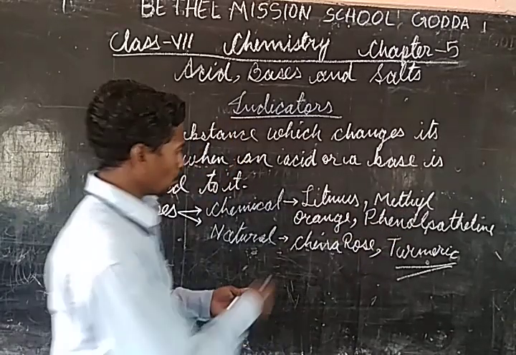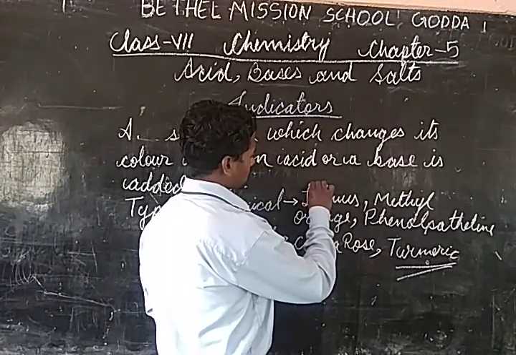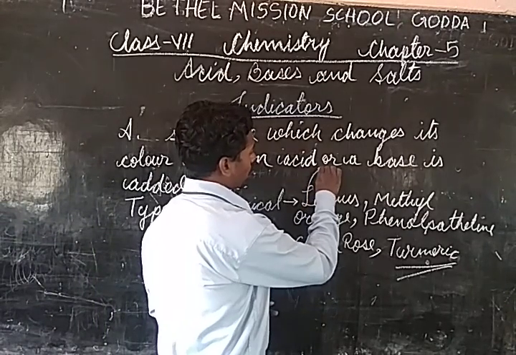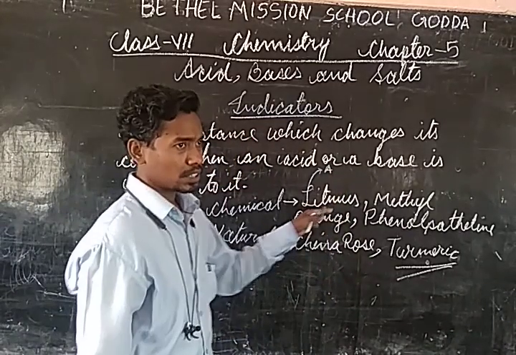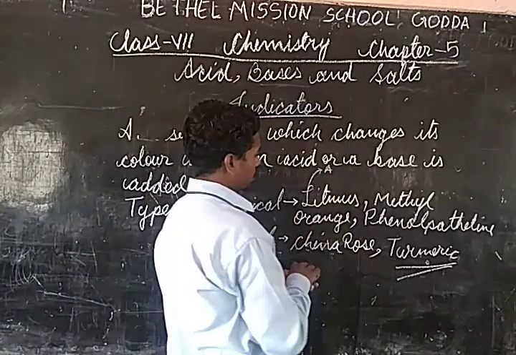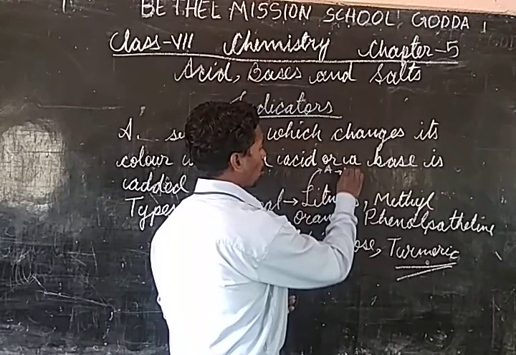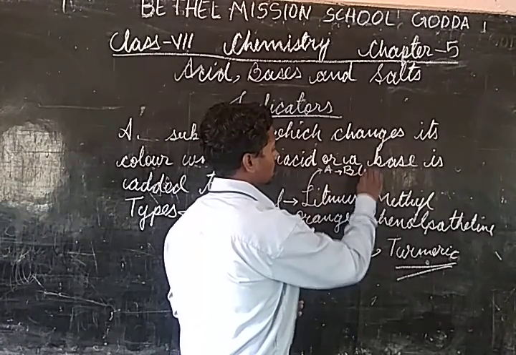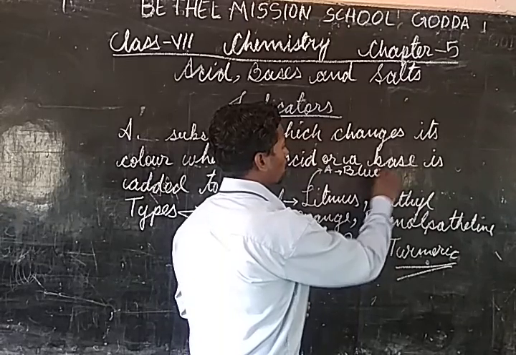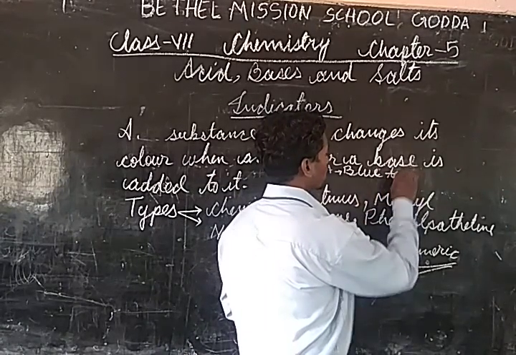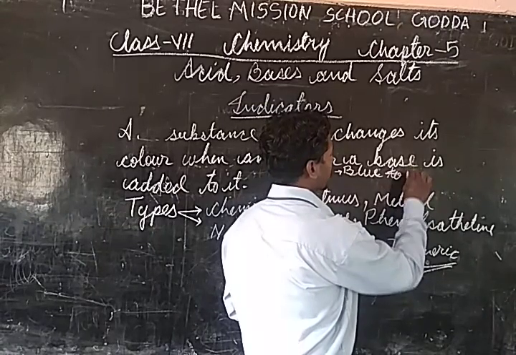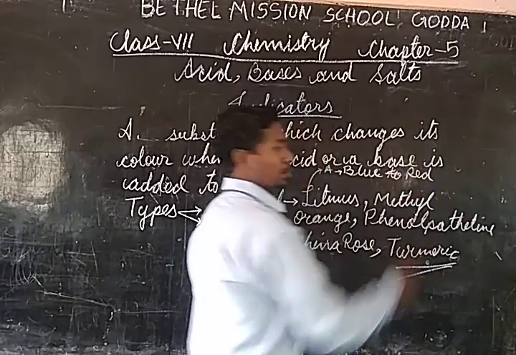Okay. So for litmus, when an acid is added to litmus, what happens? It turns blue litmus to red.